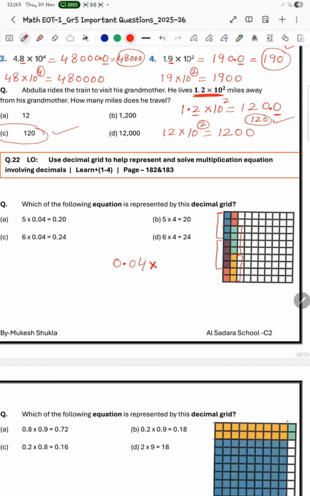How many times am I coloring 4 boxes? Just count it. 1, 2, 3, 4 and 5 times. So we are coloring 4 boxes continuously 5 times. So 0.04 times 5 will give you 0.20. So this option will be the correct one.